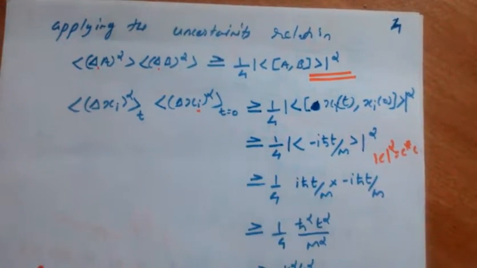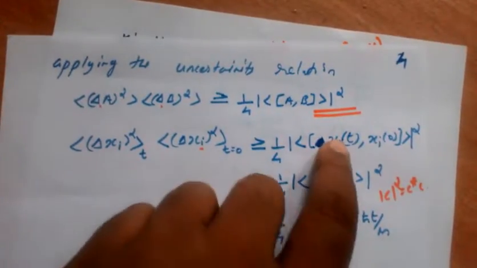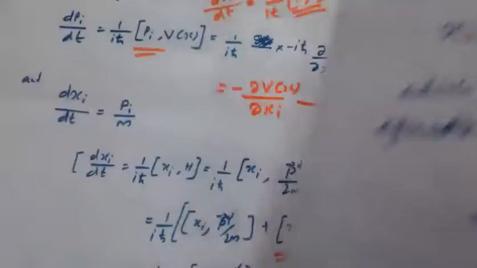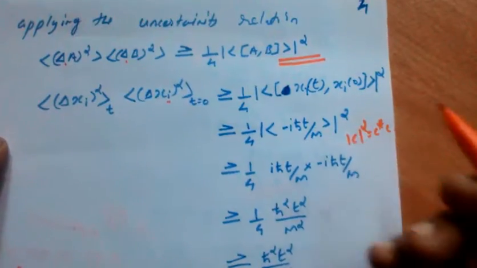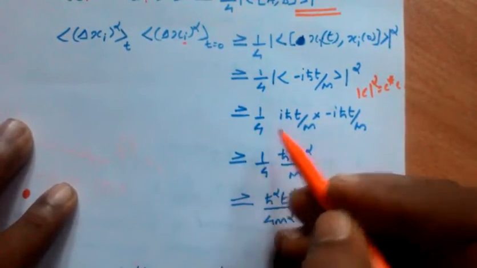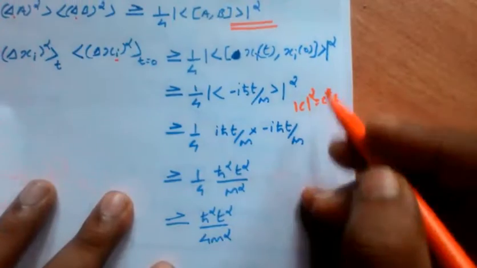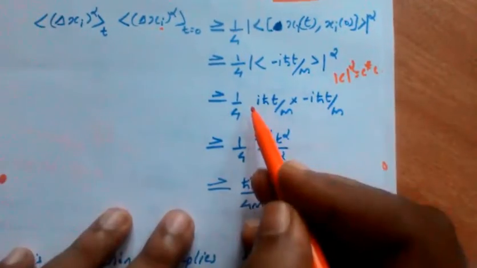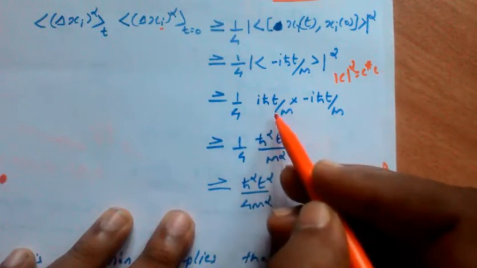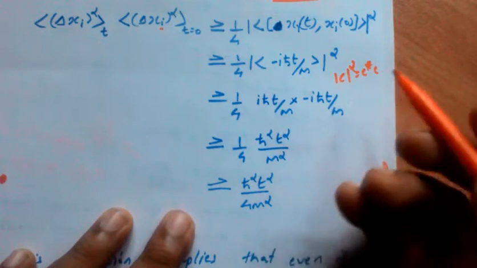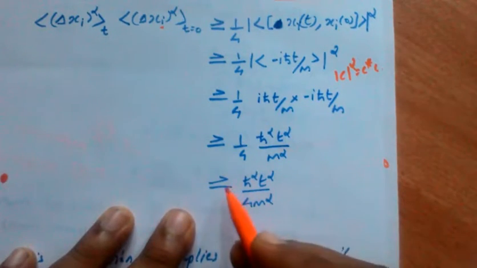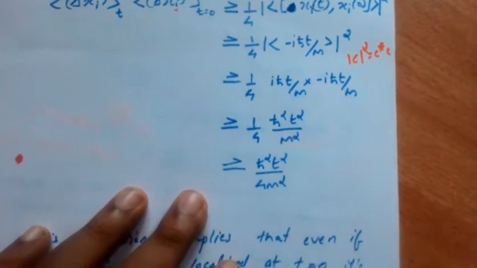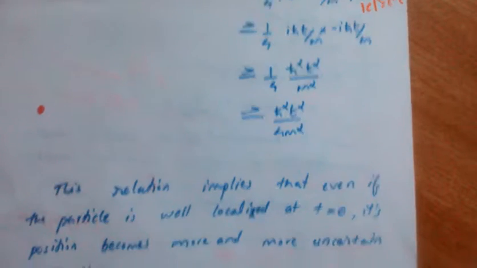We have solved the commutator: it is minus i h t over m. So minus i h t over m whole square is greater than or equal to 1 over 4. Mod c square is c star c. So c star is i h cross t over m into minus i h t over m, giving greater than or equal to h bar square t square over 4 m square.